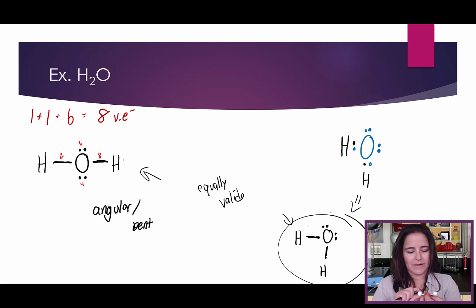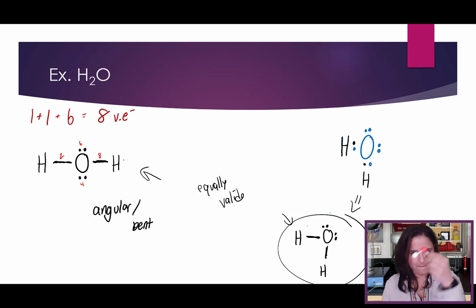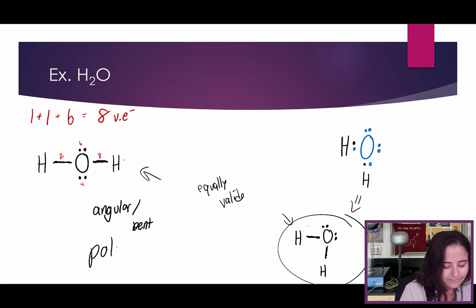You can picture the lone pairs being right here, okay? So the sideways one is a slightly better representation of the molecule shape. And water, because it's asymmetrical and we got that oxygen up here with its lone pairs, the hydrogens down at the bottom with no lone pairs, we have more electrons here, making water polar.